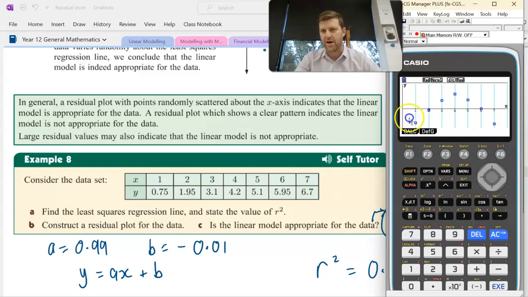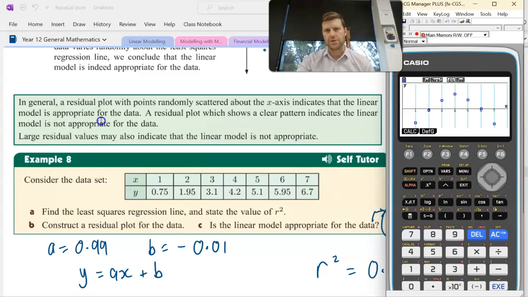I don't even have my values here on my y-axis, so it's a little bit hard to interpret that. Usually they'll give you another residual plot to compare this one with, and then you can compare which one has larger residual values and therefore which one is not appropriate to be modeled using linear regression.